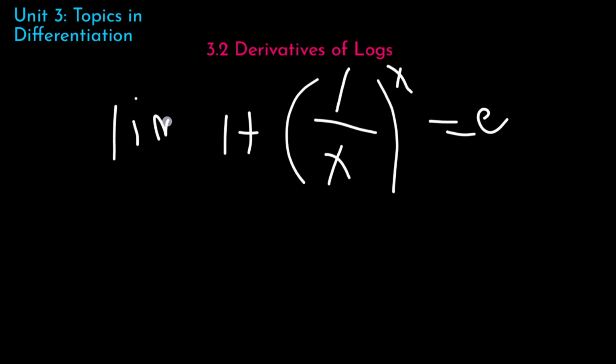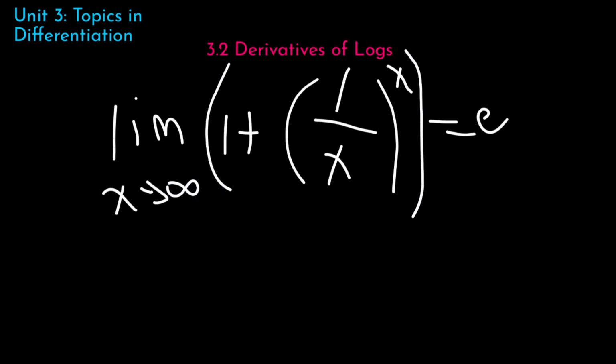So if we have the limit of this function going to infinity, and we evaluate this limit, it's going to basically turn this into 0 to the infinity. So as x goes to infinity, this limit function is going to equal e.